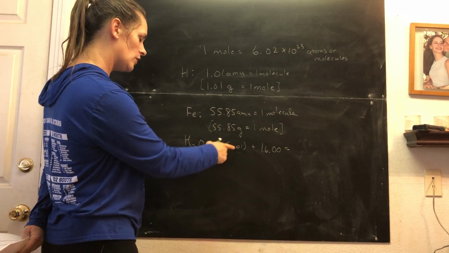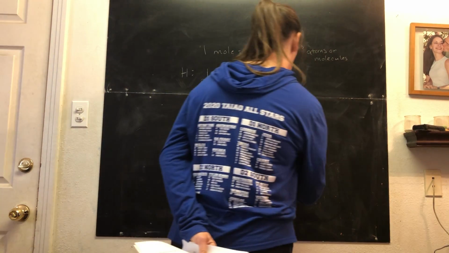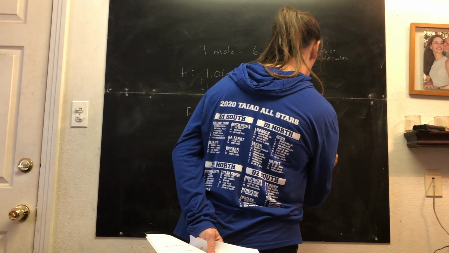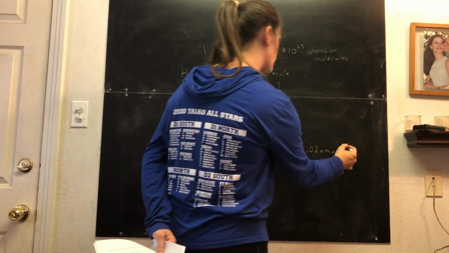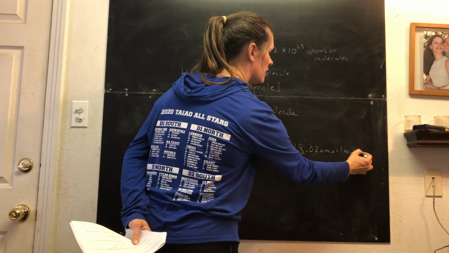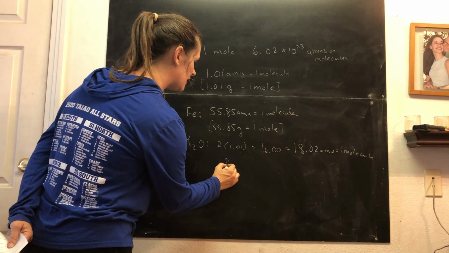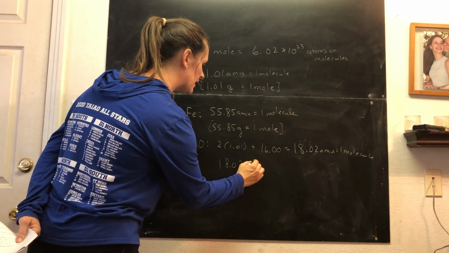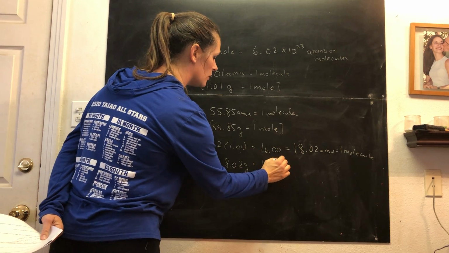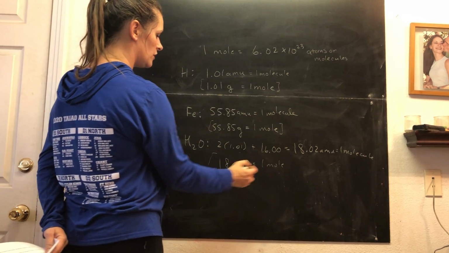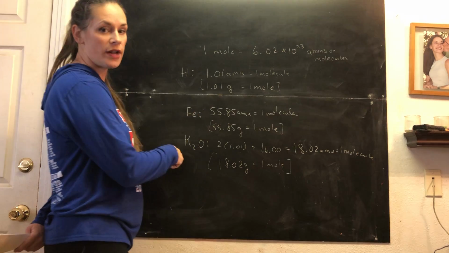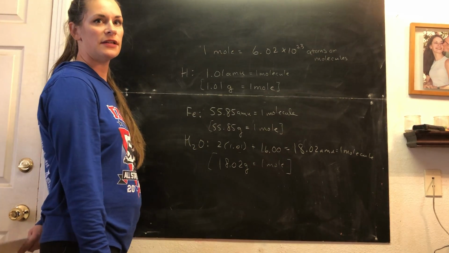So that's 2.02 plus 16, 18.02 AMU is the weight of 1 molecule of water. Now, if we want moles, 18.02 grams is the weight of 1 mole of water. And again, this is just unique to water. This is the molar mass of water.